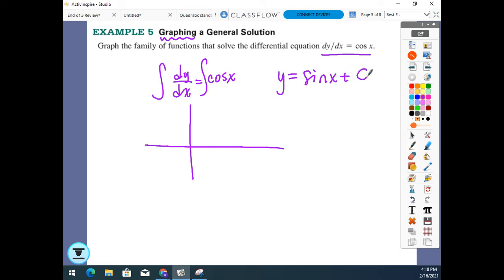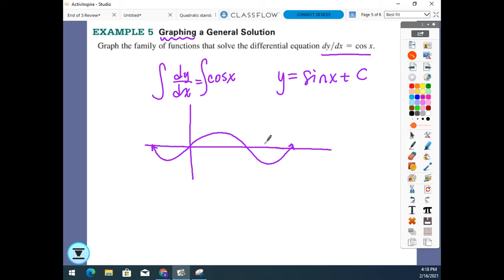So let's consider sine of x. We'll just extend this in both directions. So this would be the graph when c is 0.